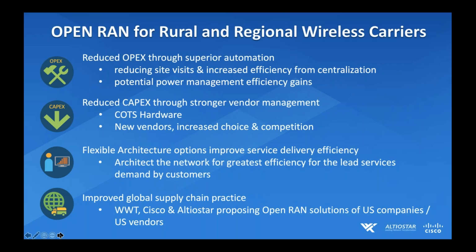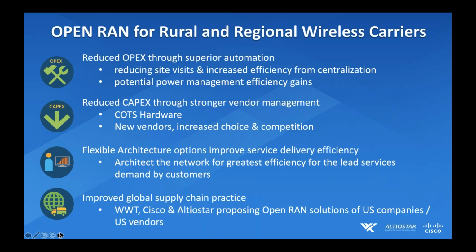I touched upon flexible architecture options, the ability to actually re-architect networks and place those network functions in different places in the network rather than what has been the traditional, a core separate from a RAN.